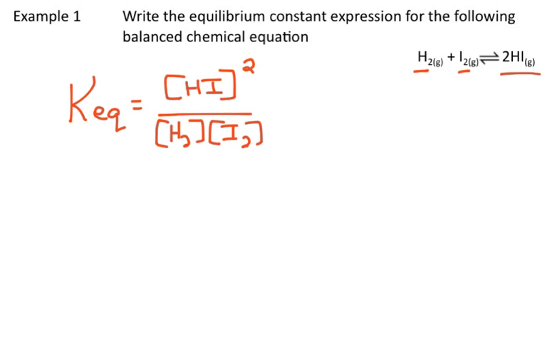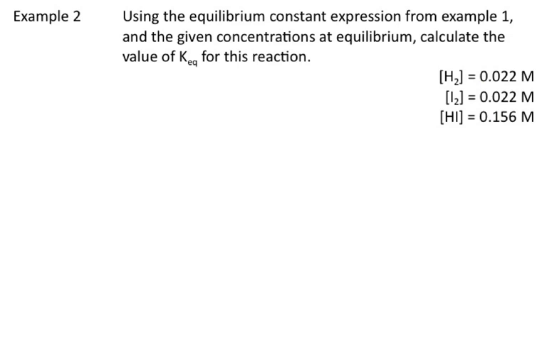Now we're not just going to create the KEQ equation, we're actually going to use it to determine different things about the reaction. So given that same chemical reaction, that same KEQ equation, now I've told you the concentrations of the various items at equilibrium. We can take those and plug those in and calculate the value of KEQ.